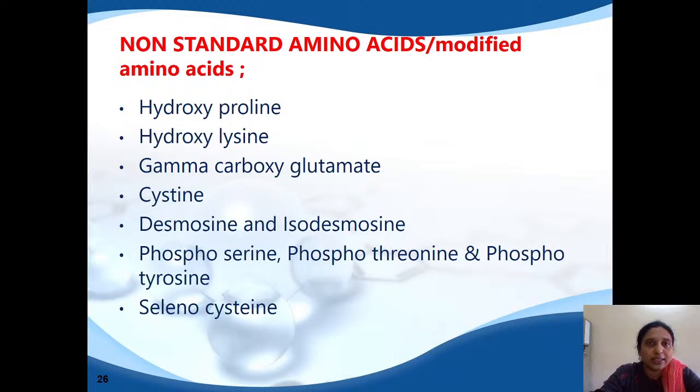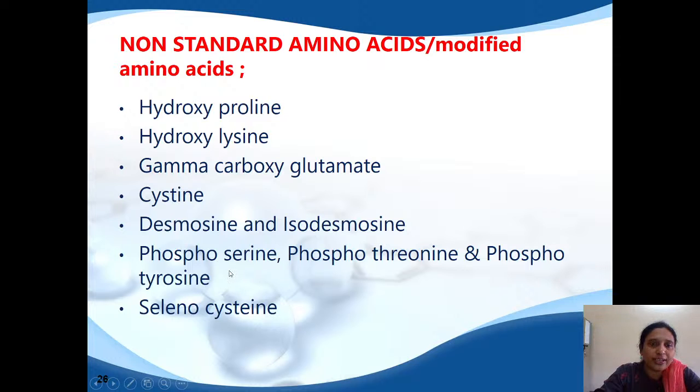This is quite common in the proteins of the blood clotting factors. Cystine is formed by the oxidation of two cysteine molecules, which gives stability to the three-dimensional structure. And desmosine and isodesmosine are components of the connective tissue protein elastin, and these are formed by the oxidation and cross-linking of four lysine molecules.